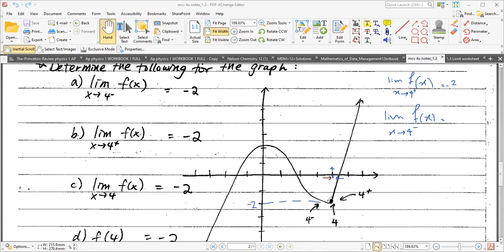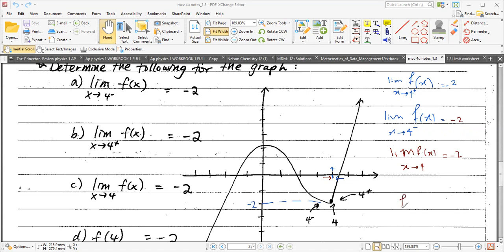So I get x get close to 4, the y get close again to -2. If the limit from the right and the left, they are the same, we say the limit of the function when x go to 4 exists, and it's equal to the value. The value is -2.